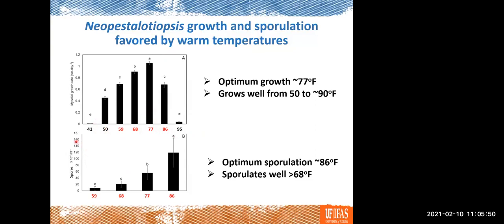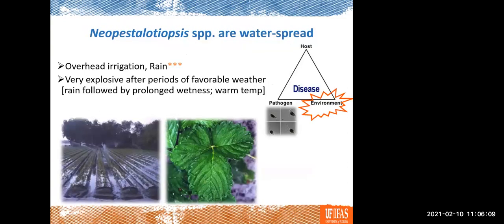As far as the sporulation, how many spores it produces, it does seem to sporulate better at higher temperatures. In this case, 86 was the optimum for sporulation, but again, it does sporulate some all the way from 59 to 86. So putting it all together, the fungus likes warm temperatures and it's water spread.